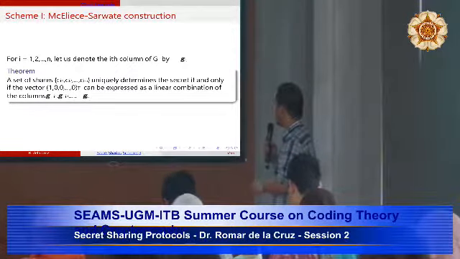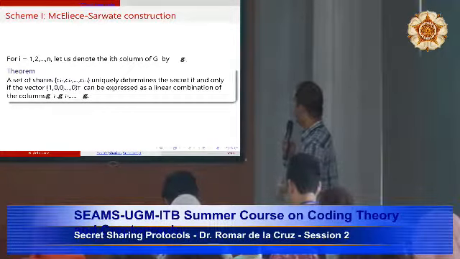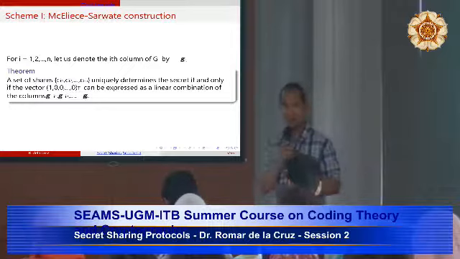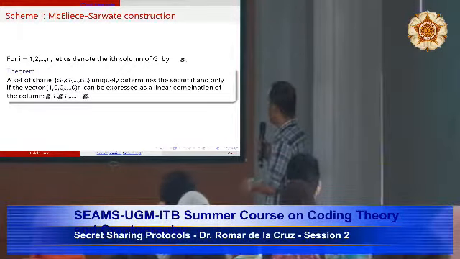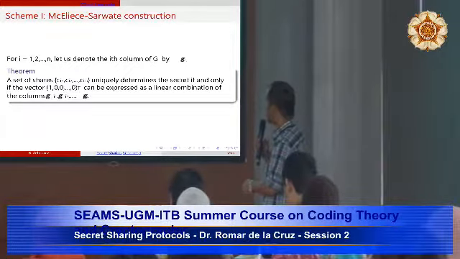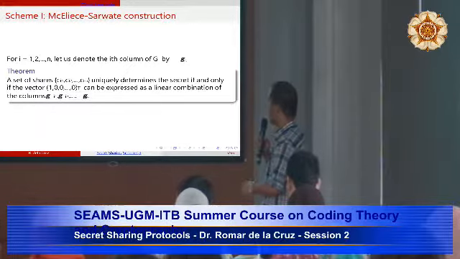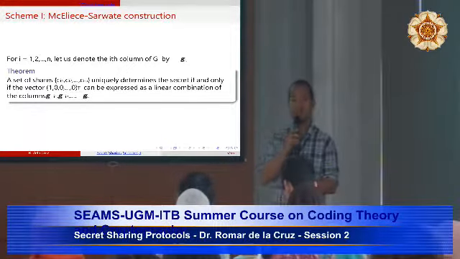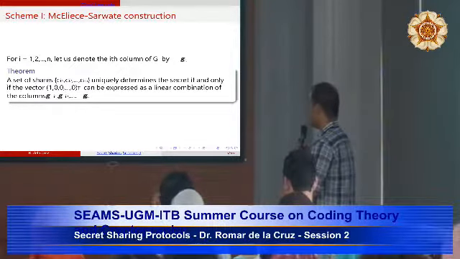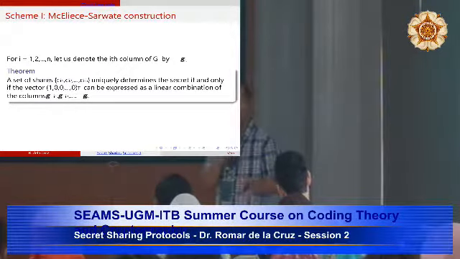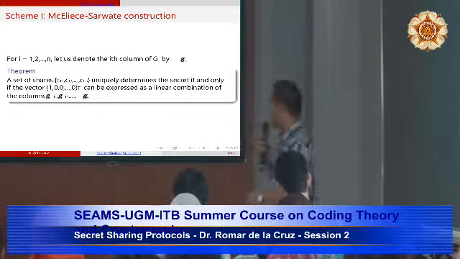If we have a set of shares c_i1 up to c_im, they can determine the secret if and only if they satisfy this condition: this vector is a linear combination of the corresponding columns of the generator matrix. Perhaps this will remind you of the monotone span program construction, which has the same property.